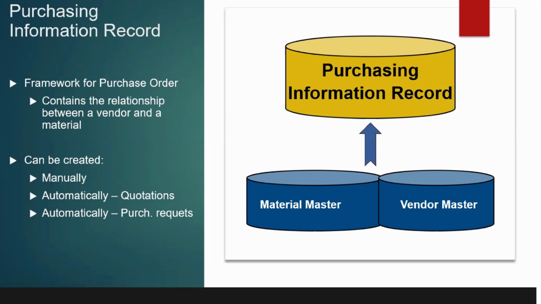The purchasing info records. Okay. If you want to buy a computer, if you want to buy the computer HP 2020, where will you save the price of the computer? In the computer product or in the vendor?